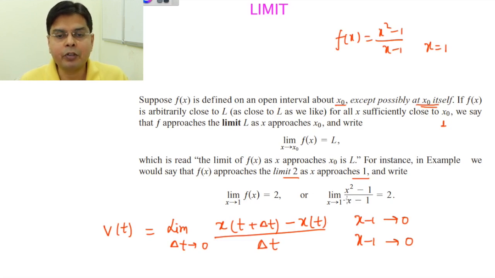So whatever tricks we will be seeing in subsequent lectures on subsequent slides, that trick will be how to remove this x minus 1 factor from the denominator so that I can find this limit.